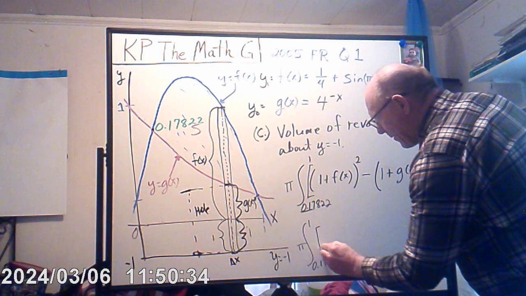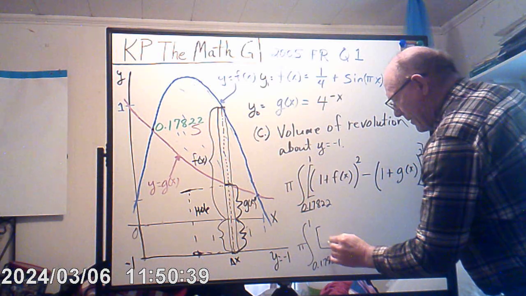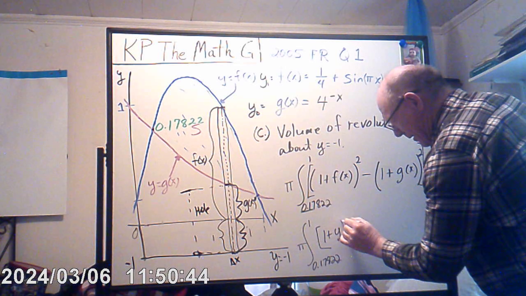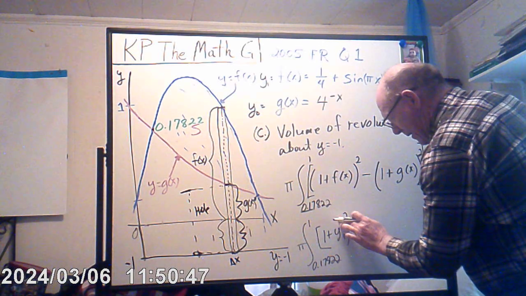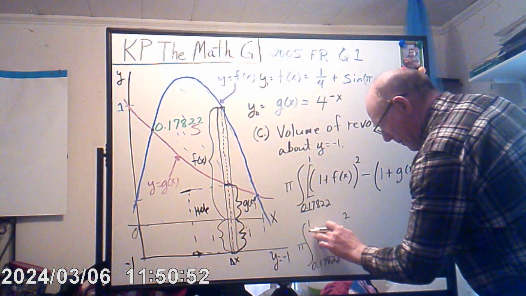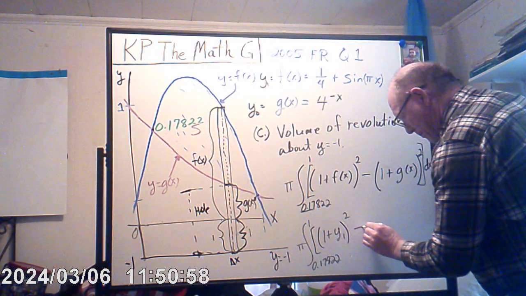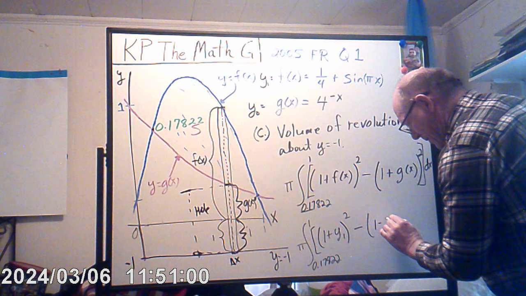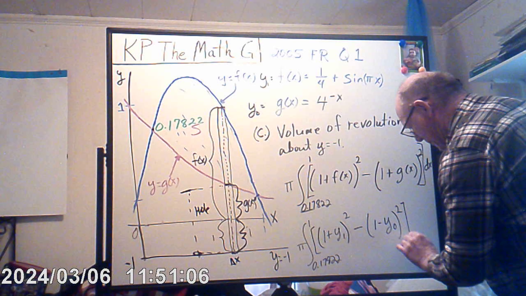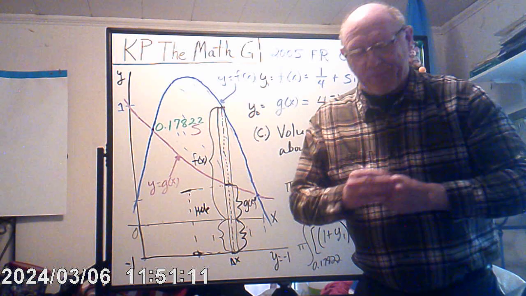Since I already know that y sub 1 is alpha at x, I can do 1 plus y sub 1 squared, like this, minus 1 minus y sub 0 squared, and I'm going to show you what you do to get that.